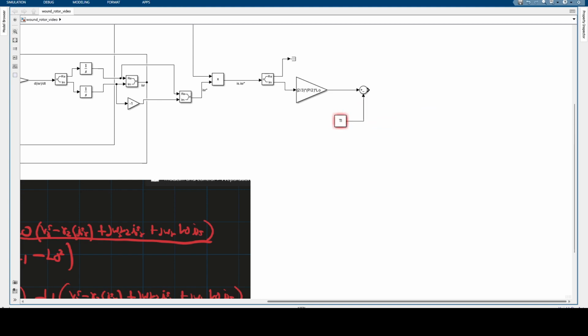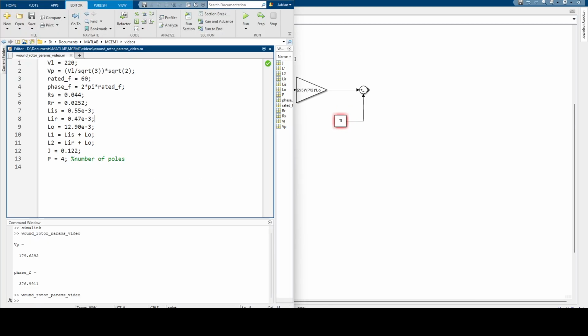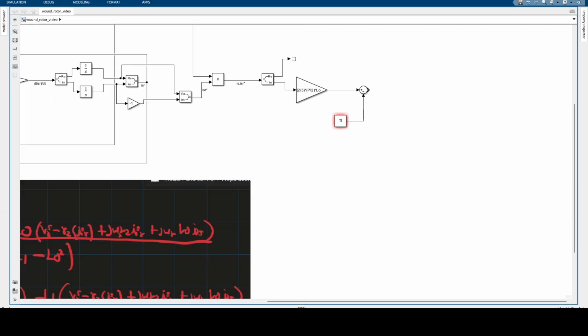Okay, so let's go back to our parameters. Here we're going to add TL, and for now, because they're not giving it to us in the exercise, we're just going to call it 0 for now. Okay, so this is our load torque, and it's going to be 0 for now.